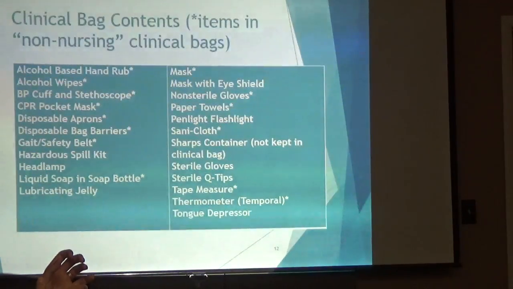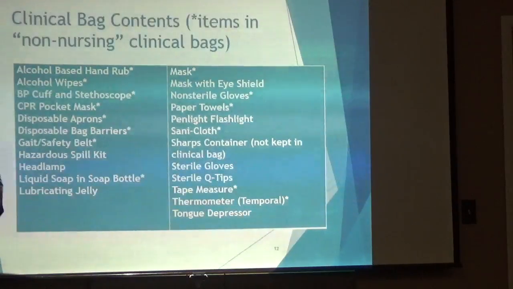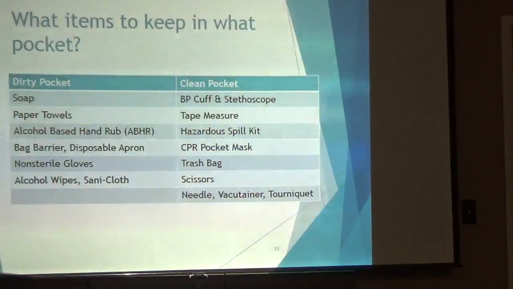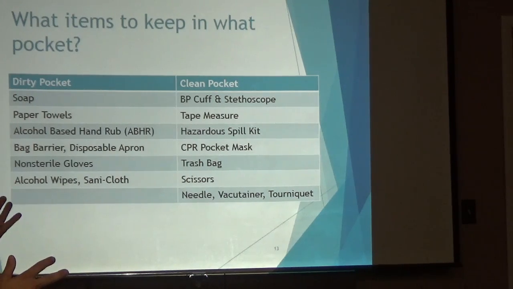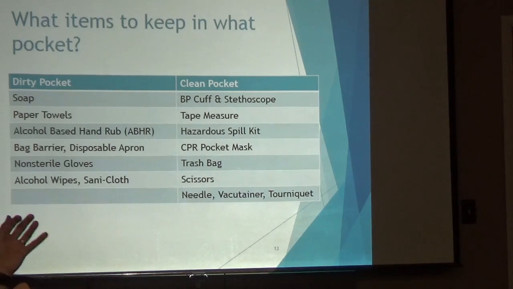So this is given when you initially start with your clinical bag. And then there should be at least 2 pockets, a clean pocket and a dirty pocket. There's actually more compartments in the bag than that, but in the dirty pocket, you want to keep your soap, your paper towels, your alcohol-based hand rub, your barrier, your apron, your non-sterile gloves, your alcohol wipes, the sani cloth.